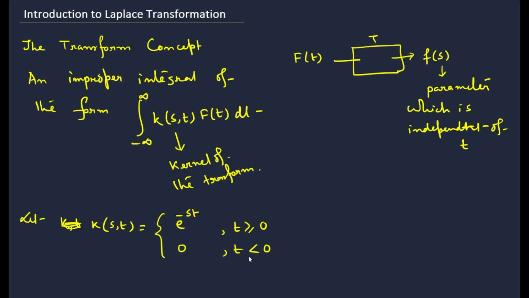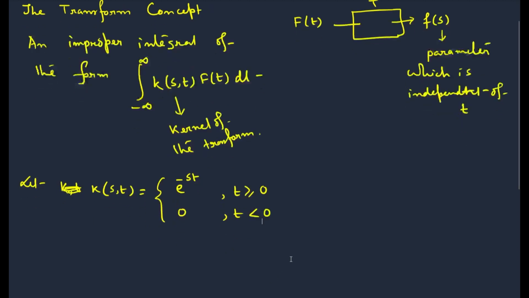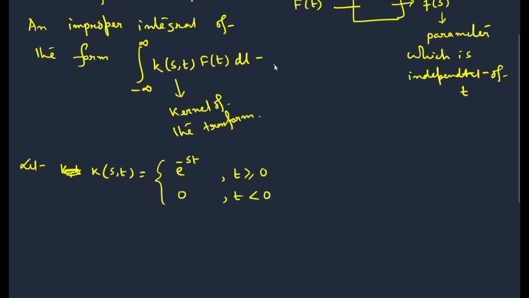So for all negative t, the kernel will become 0, but for all positive t, it will become e to the power minus st. This is the standard one for Laplace transformation. Let us take this particular integral as equation number 1.